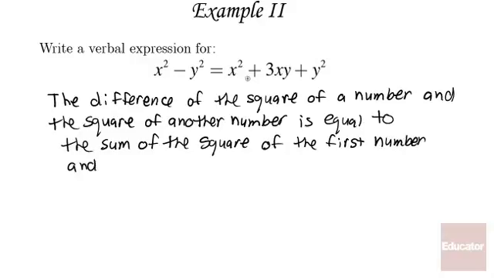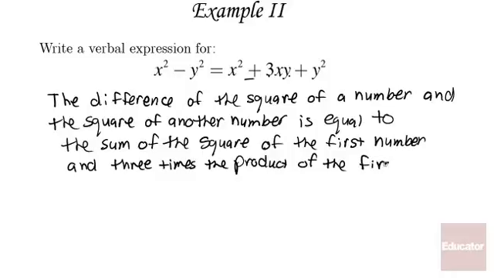and, okay, I'm adding again, 3 times, multiplying 3 times x times y, so 3 times the product of my first number and my second number.